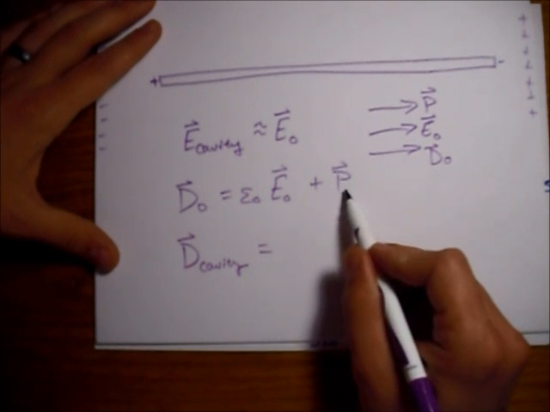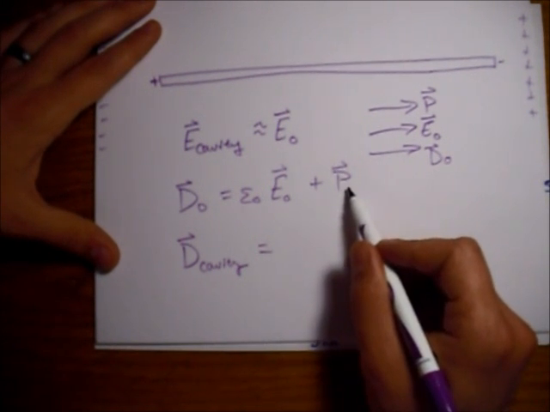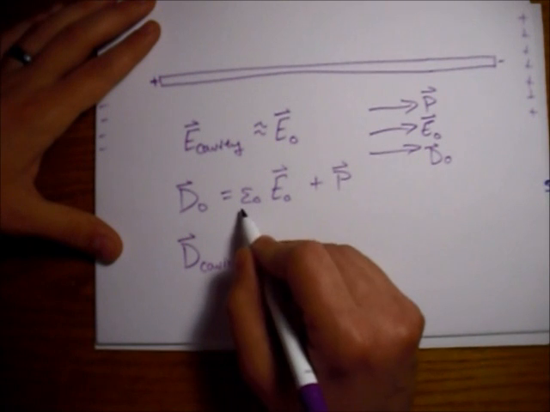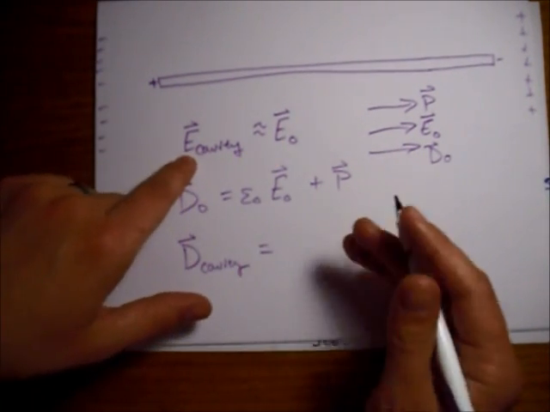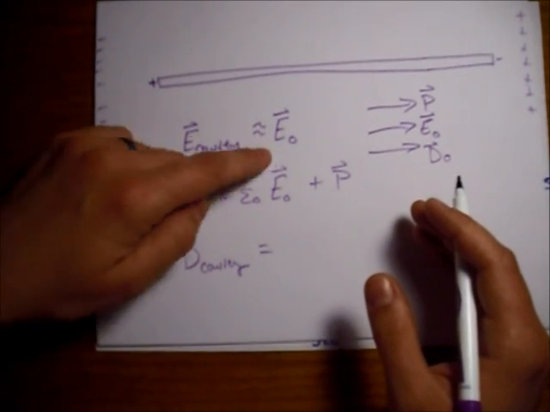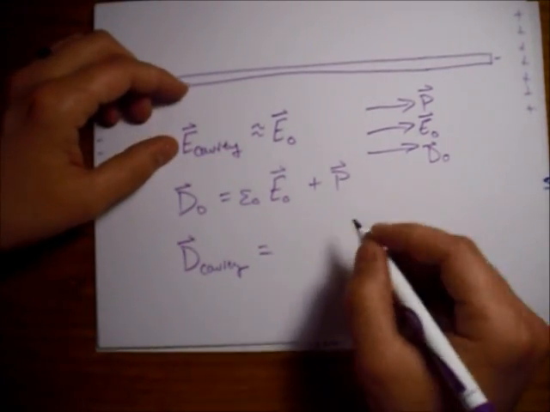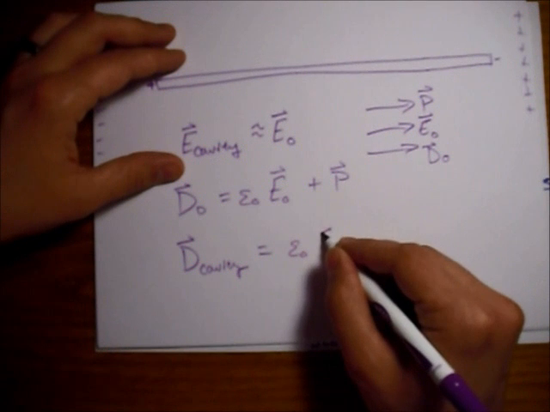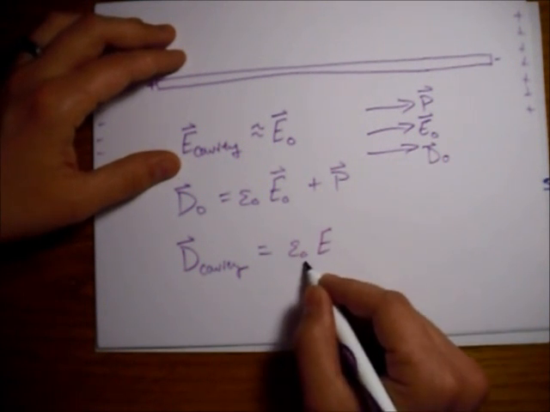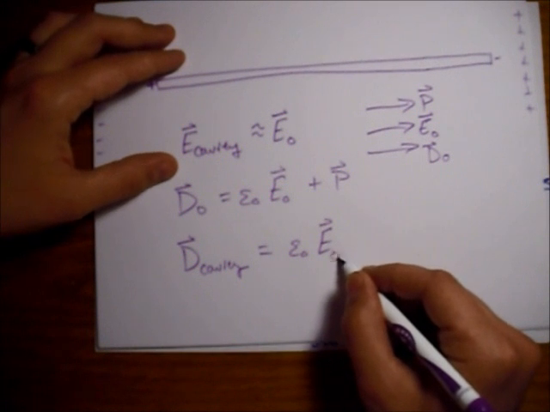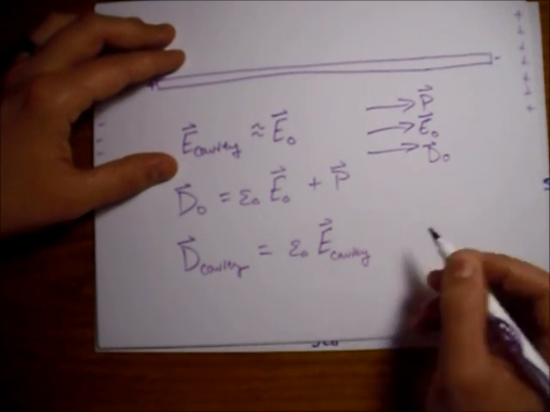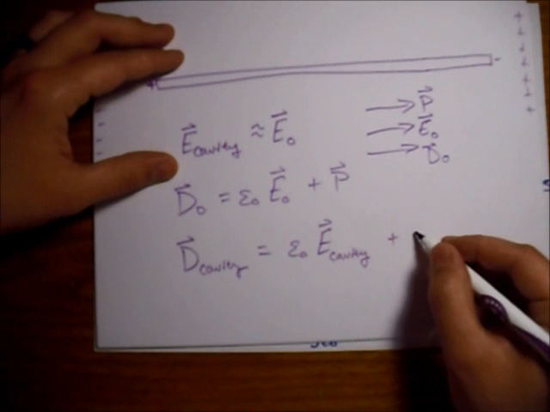Well, the polarization inside the cavity is 0 again, and we already found this E, which is about the same. Let me write this out. So epsilon naught multiplied by the electric field inside the cavity plus the polarization of the cavity.